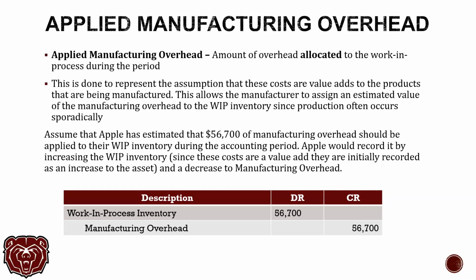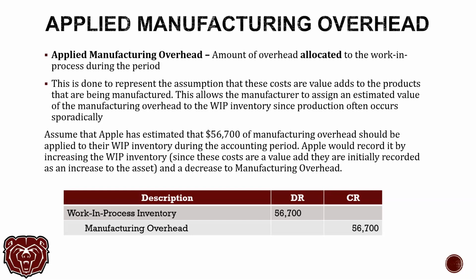Okay, since production doesn't occur all at once, production occurs sporadically throughout the period, we have to allocate or apply manufacturing overhead as it happens. So what this really does is it allows us to assign estimated values of overhead to the WIP inventory, okay, because of the sporadic nature.